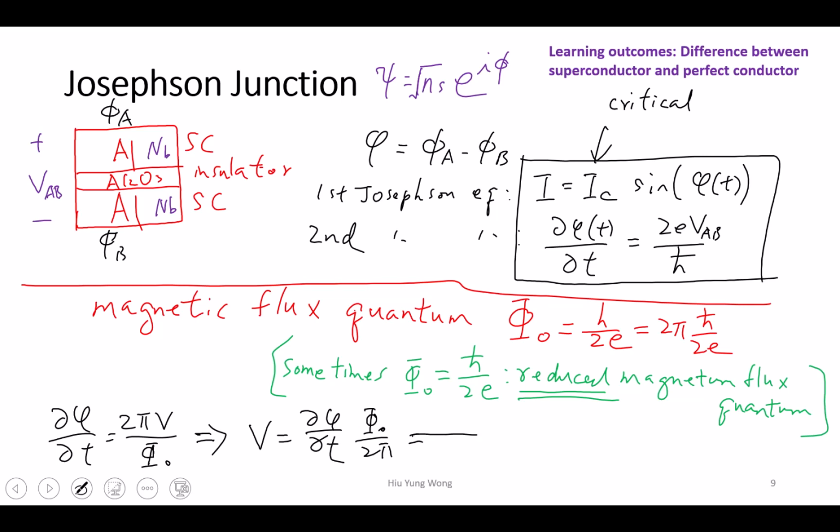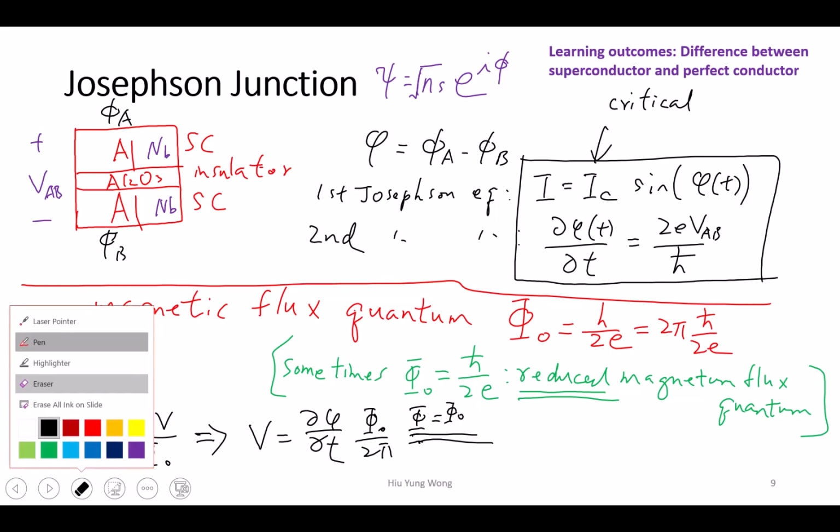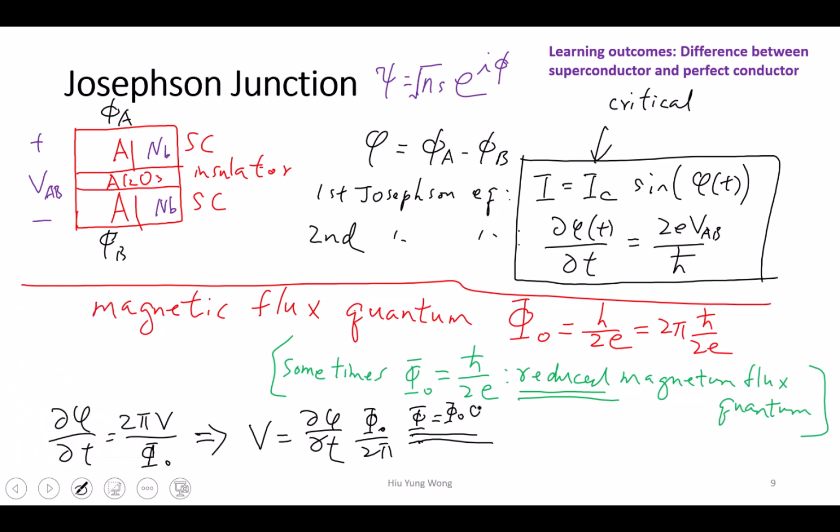And then I introduce another symbol, right? I just keep doing the symbol. I just combine them together. Combine phi naught and phi divided by 2 pi. Do you see this?